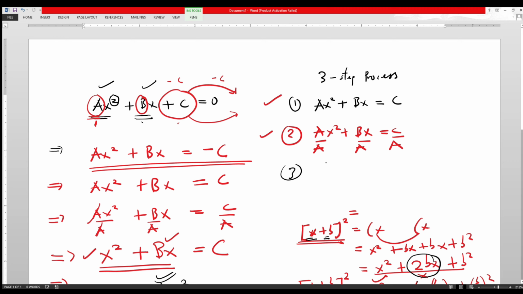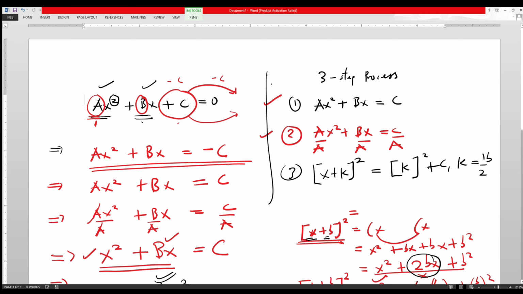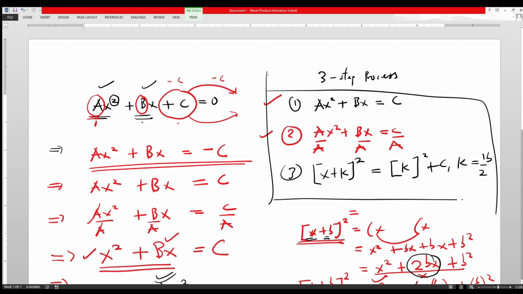Number 3, we'll be using the formula x plus k all squared, which is the same as k squared plus c, where k is b over 2, which is the same as 1/2. Okay, so these are the 3 steps that you need to know when using the completing the square method.